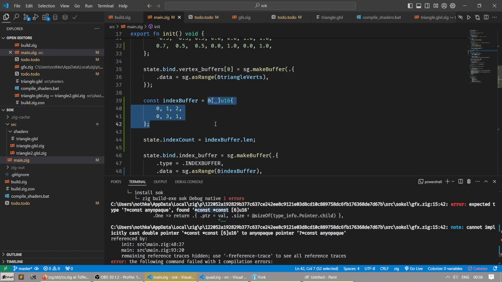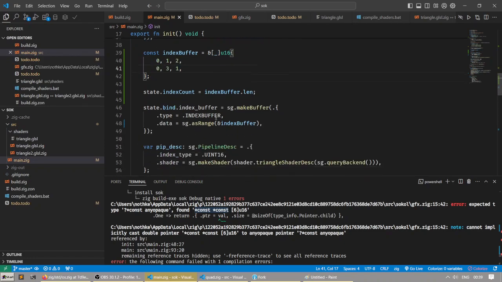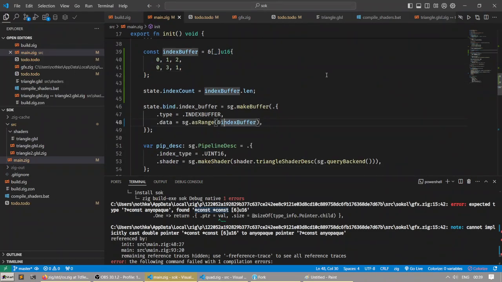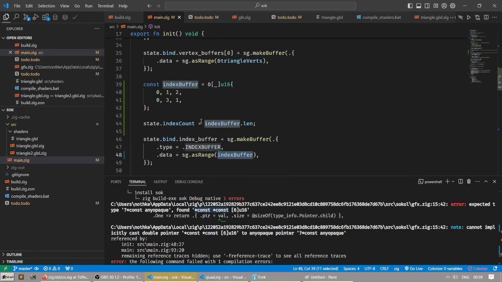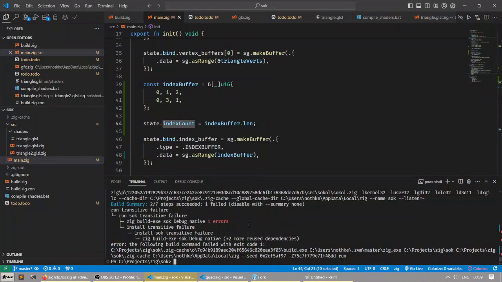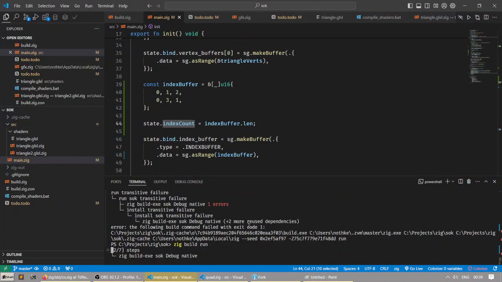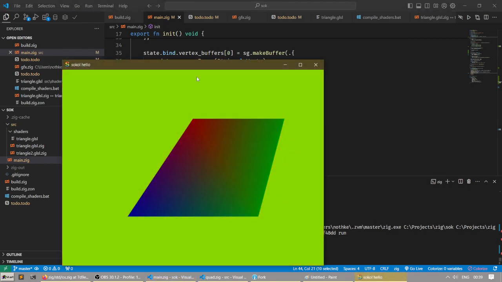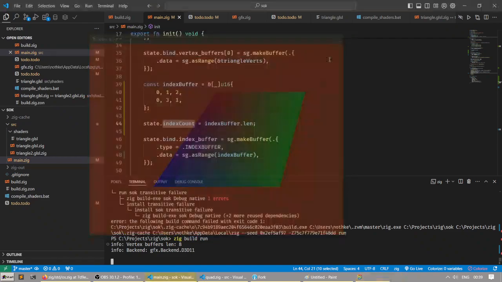A static memory of a U16, I guess. Let's actually try. Let's see what happens. Is it going to propagate until the index buffer? And is the index count going to be 6? It's probably something that I shouldn't do. But let's see. Yeah, it still works, right?